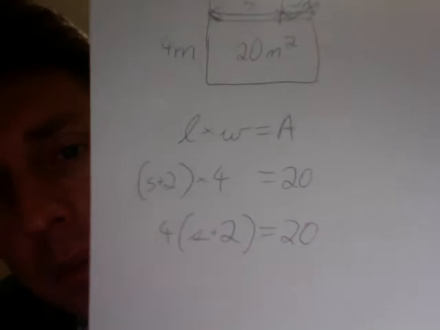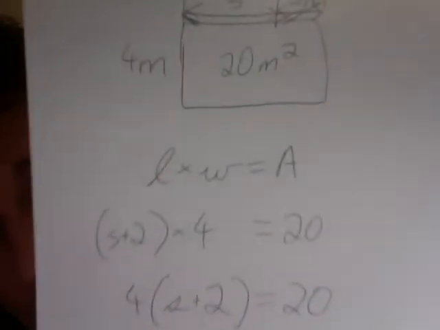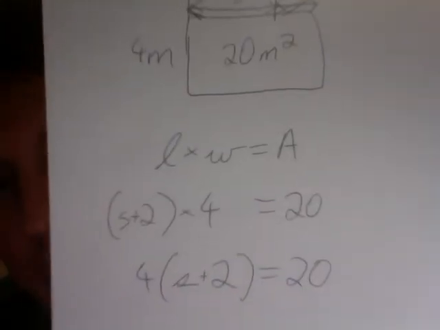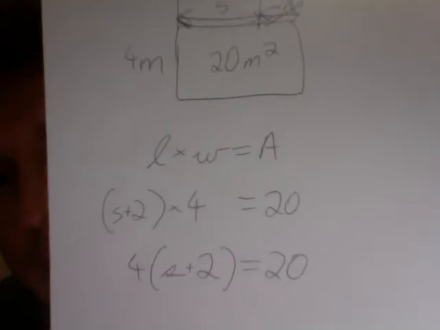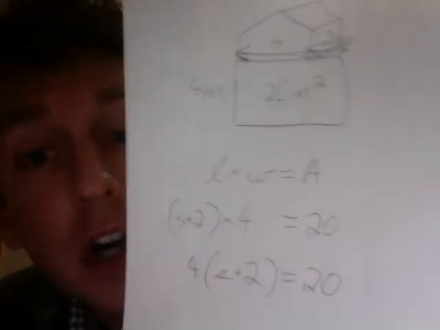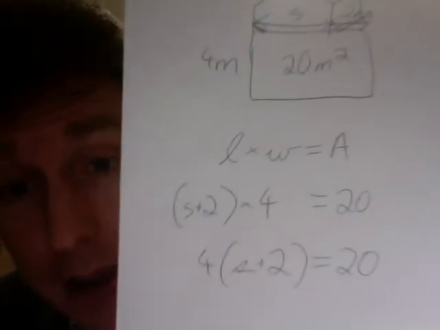Okay. So the question is, something plus 2 times 4 equals 20. And we need to find out the length of the shed. So how do we get this all by itself? Once again, we are going to go with opposite operations. It's just that it takes an extra step there.